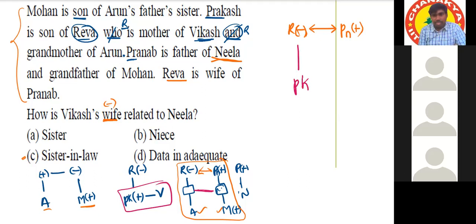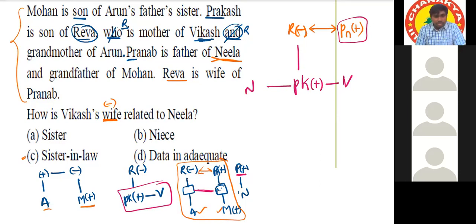PK and V are the children of R. Then what is this P? Sir, Pranav. Pranav is the father of Neela, so Pranav is the father of these two persons, PK and V, and of Neela also, so Neela is also a sibling.